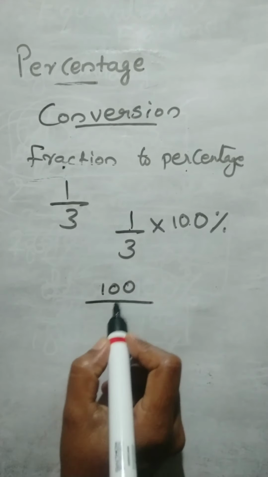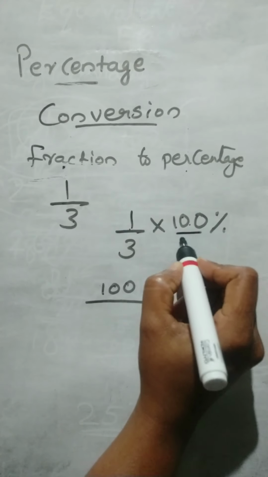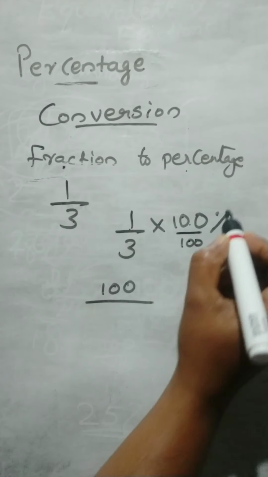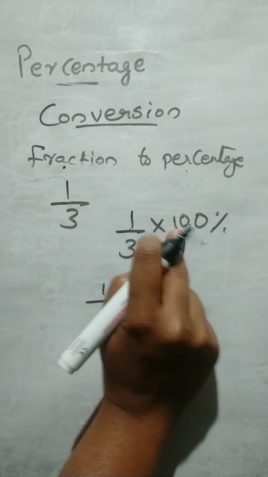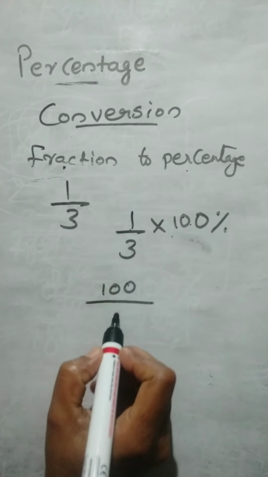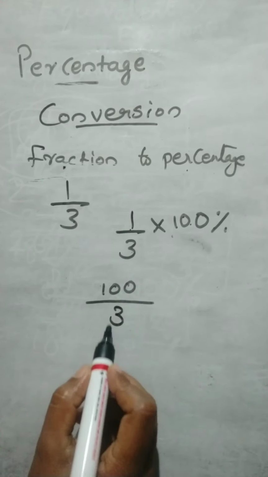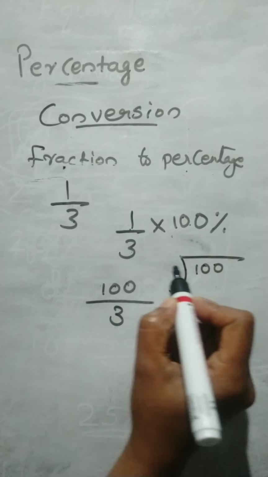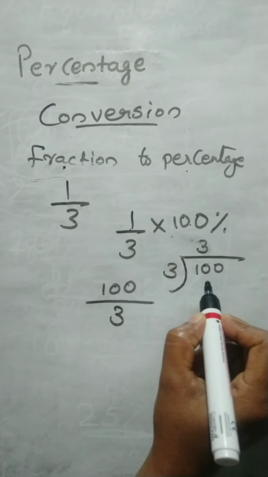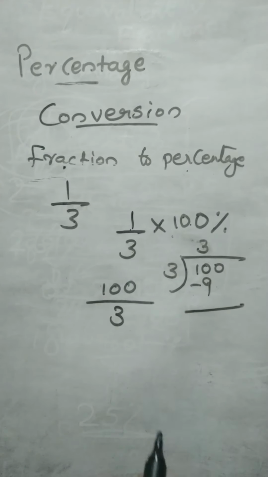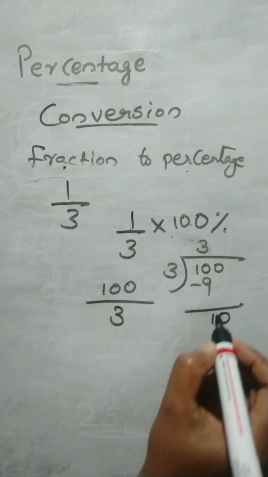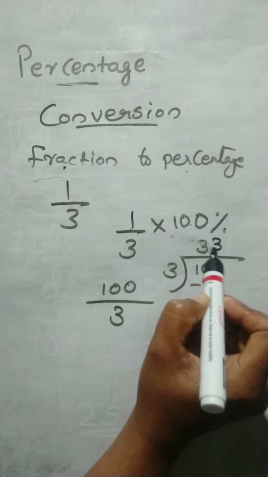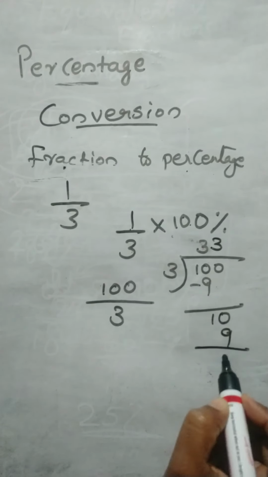There is no denominator here; this denominator is actually 100, which means 100%. So 3 is there. Then we have to divide this 100 by 3. 3 3s are 9. Then subtract. So 10 is there again. 3 3s are 9. Then subtraction.